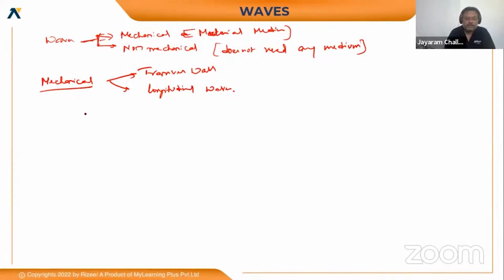So equations for transverse waves and longitudinal waves, general equations. You can write it as, for the transverse waves, y is equal to a sin of omega t plus or minus kx plus or minus phi.